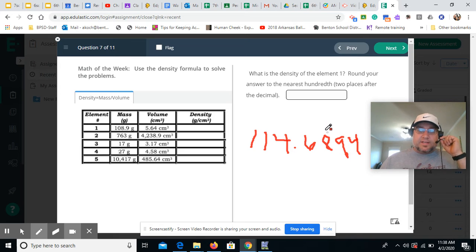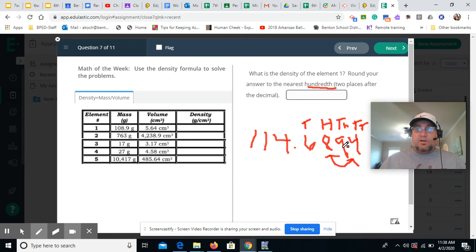All right, anyways. All right, so how do we round, right? So the nearest hundredth, so find the hundredths place. All right, so you got your tens place, tenths place, all right, your hundredths place, your thousandths place, right, and then your 10,000ths place. All right, so if we want to go to this place, we're going to have to look one place behind, right?